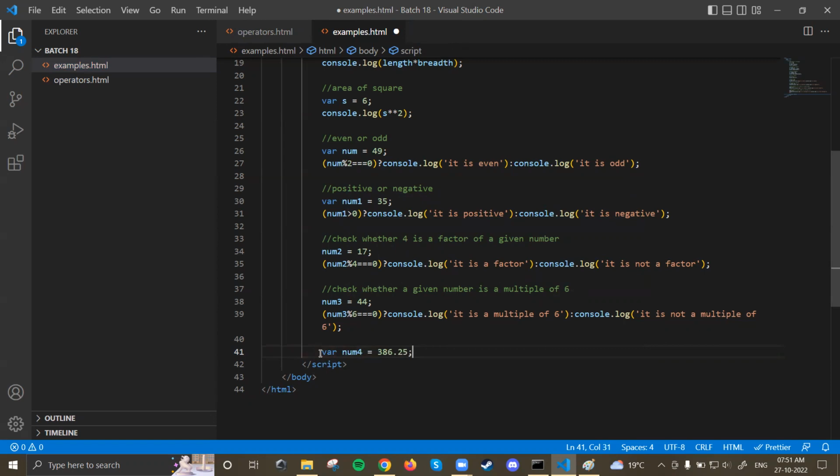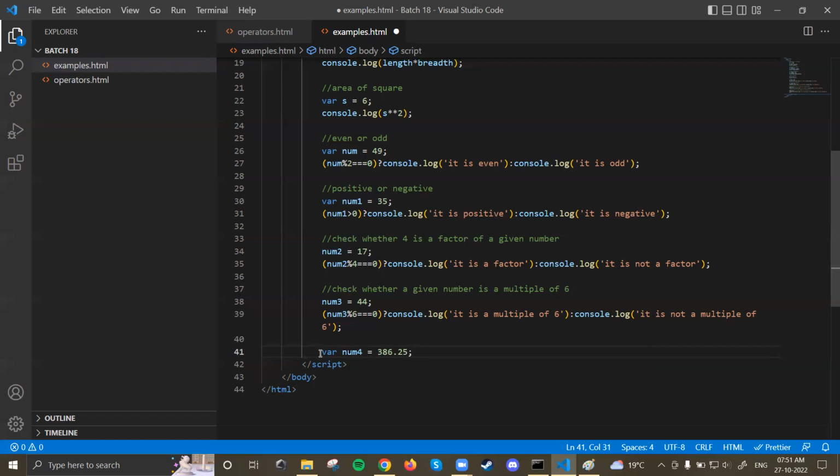In other languages, this is known as a float. In C, C++, Java, we have int and float, but here in JavaScript we call everything a number. There is no int, there is no float.